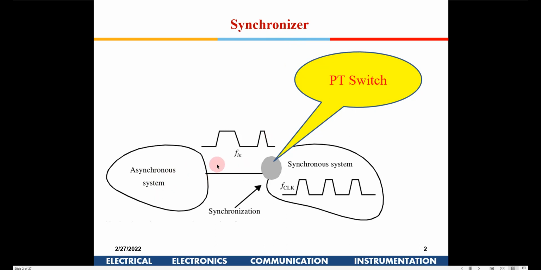Data which is between VIL and VIH cannot be accepted by the microprocessor. It has to be below VIL or above VIH. That will be resolved by the synchronizer.